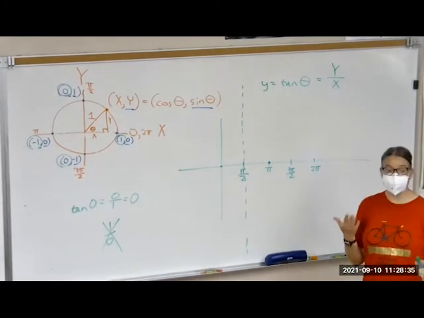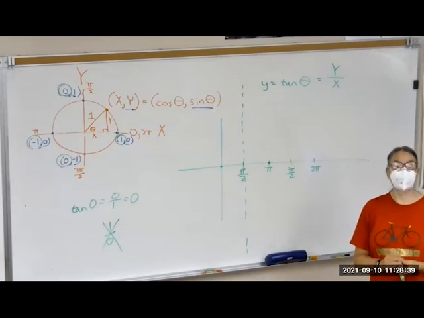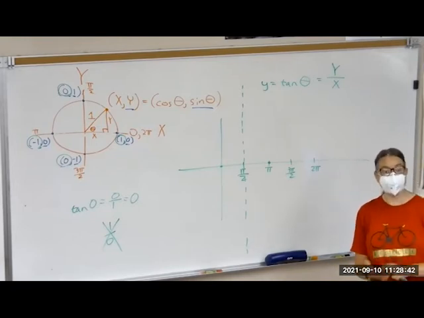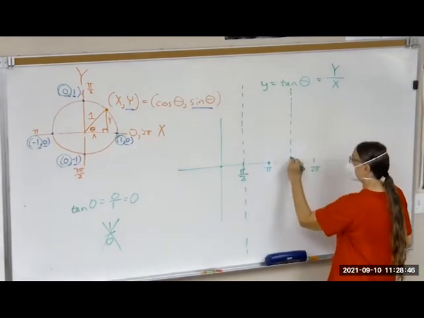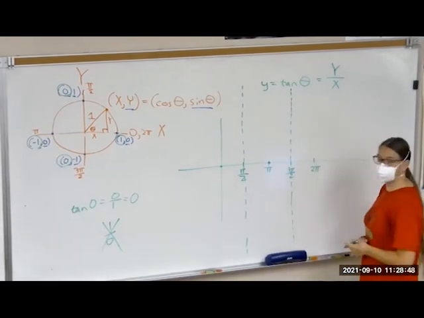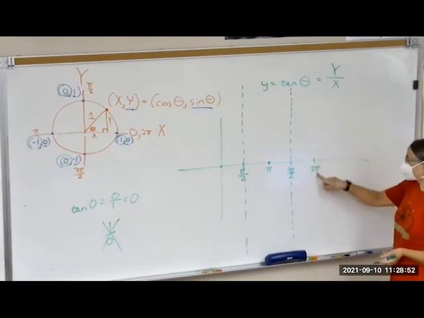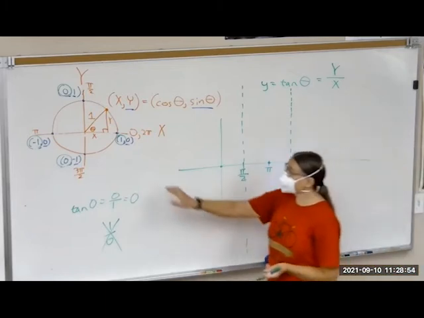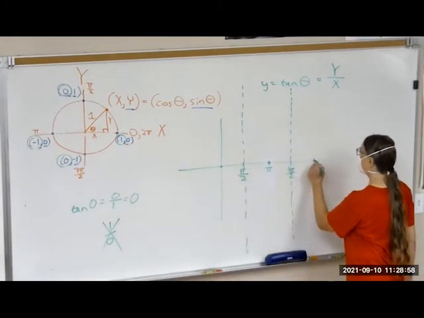We're going to have something close to negative 1 divided by something really, really small. And when you divide by something really, really small, you get something really, really big. So we're going to have a vertical asymptote there. And then at 2 pi, we're back coterminal with 0. We get 0 over 1, which is just 0.